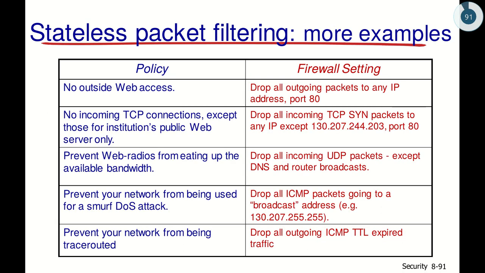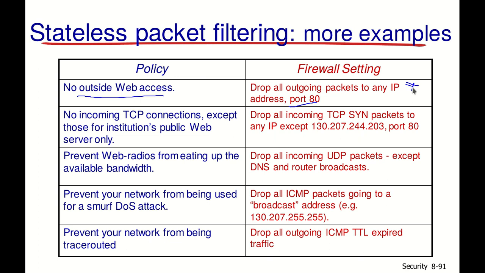Okay, so some more examples of stateless packet filtering. Let's say we have this policy: no outside access. So how we set the firewall is to drop all outgoing packets to any IP address with port 80. The IP address can be set as a star.